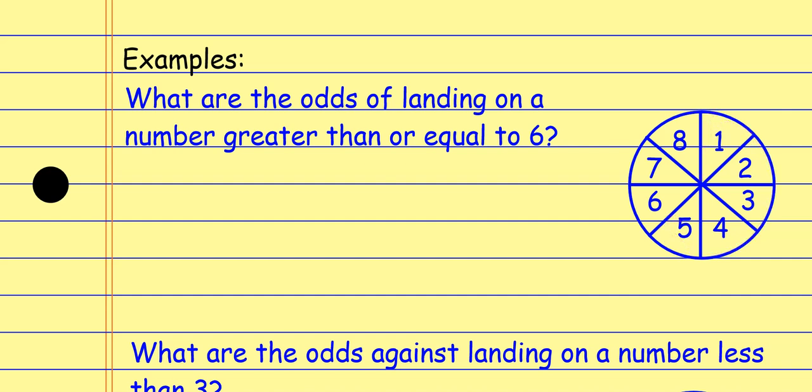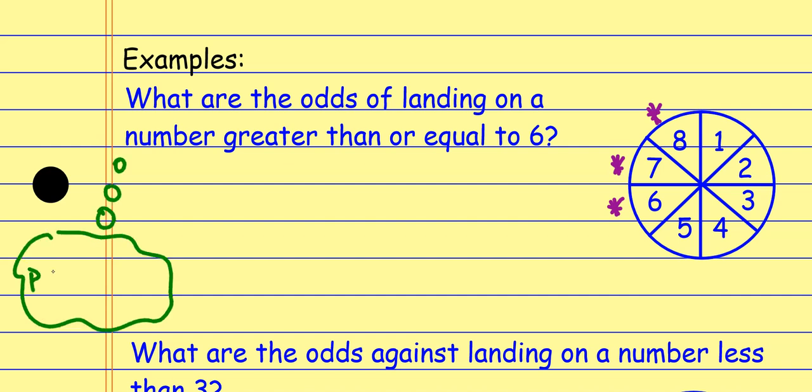And so if I flick that spinner, the odds of it landing on a number greater than or equal to 6, so numbers that are greater than or equal to 6 would be the 6, the 7, and the 8. And so if we think about probability of the event, just to show you the difference, the probability that the number is greater than or equal to 6 would be 3 out of the total number of possibilities, which would be 8.